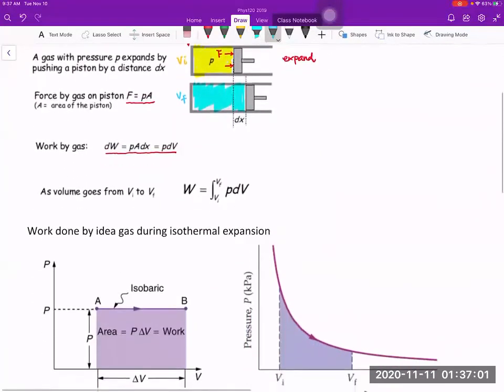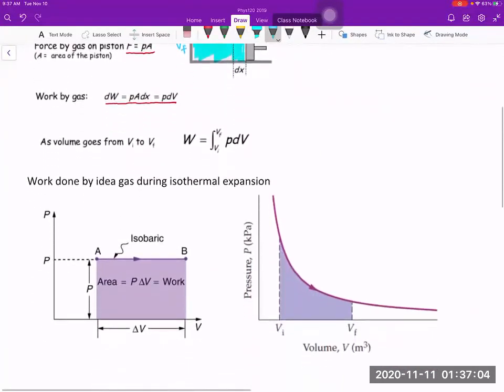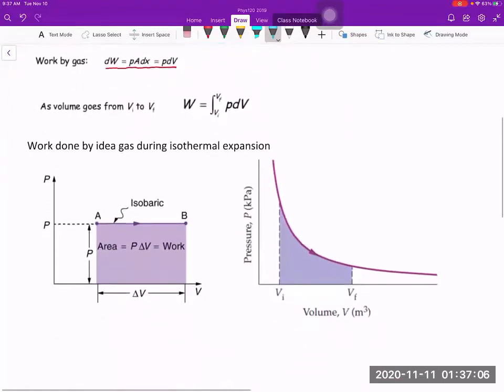We can write this in another way if you make a graph. This is a graph that we use a lot in thermodynamics, what we call the PV graph, a pressure versus volume graph. For any thermodynamic process, we describe the process in terms of state variables.